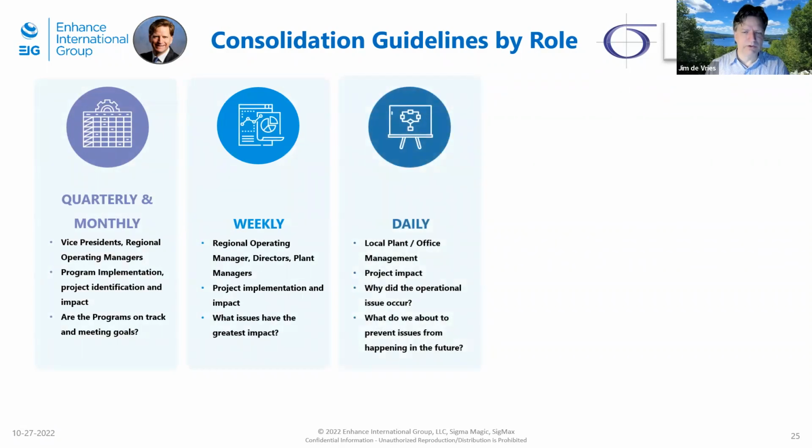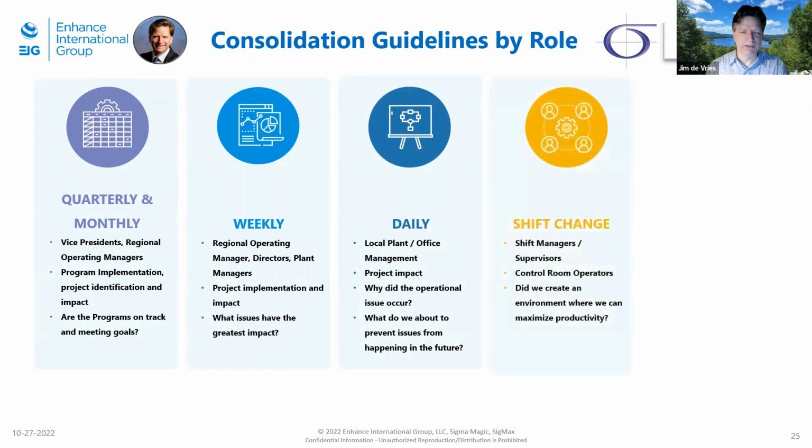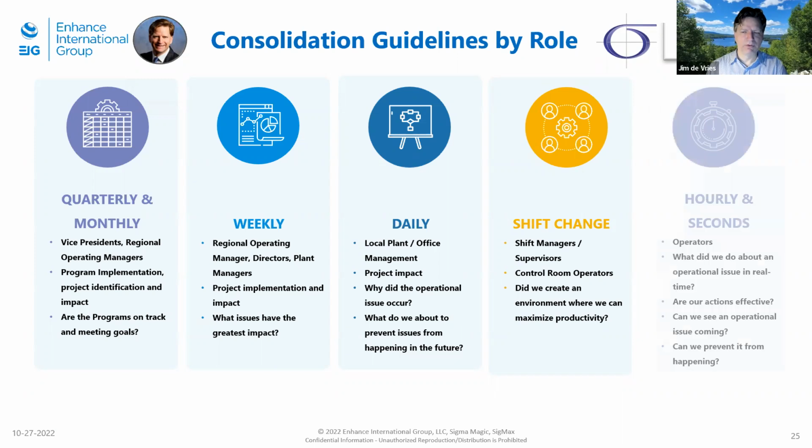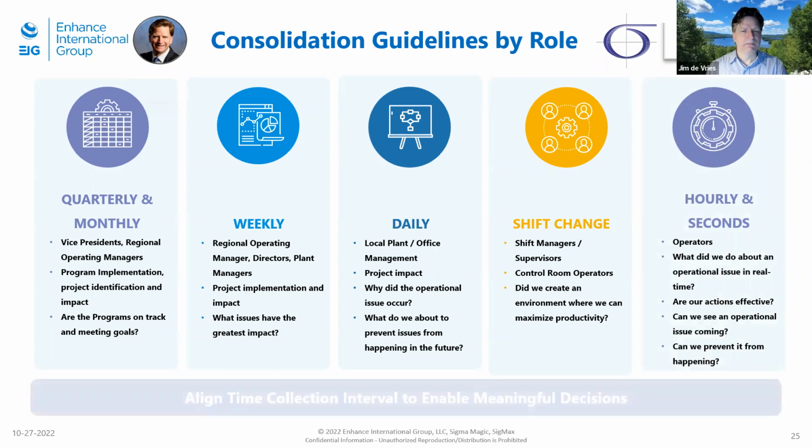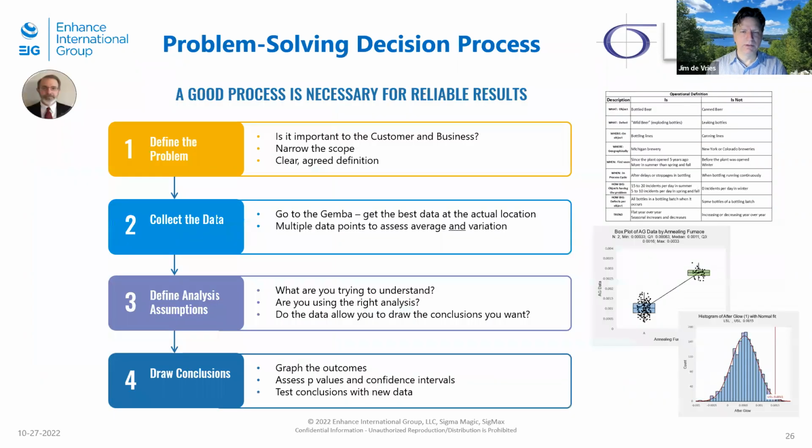Daily, you're getting into your plant management and what issues are preventing you from making your goals on a daily basis. And then shift is more on that next level. And then hourly, seconds is on the next level. So just as a guideline. But with that, I think we'll just move on to Mark.